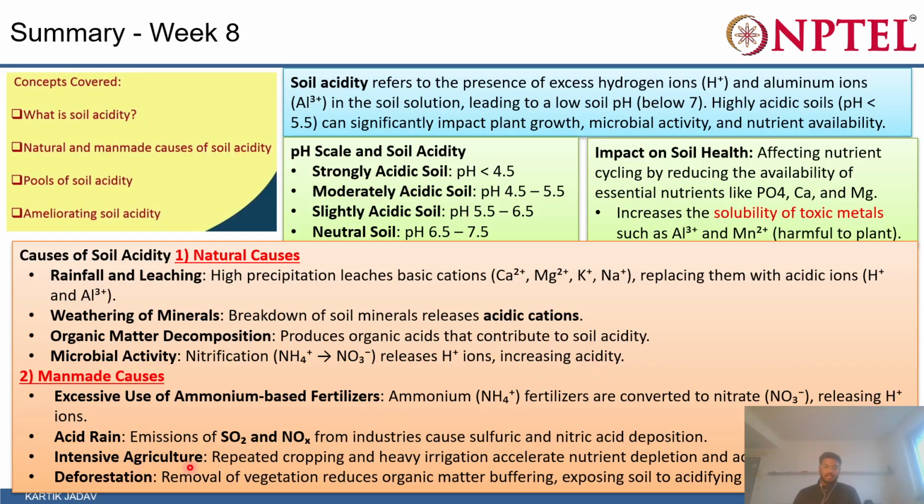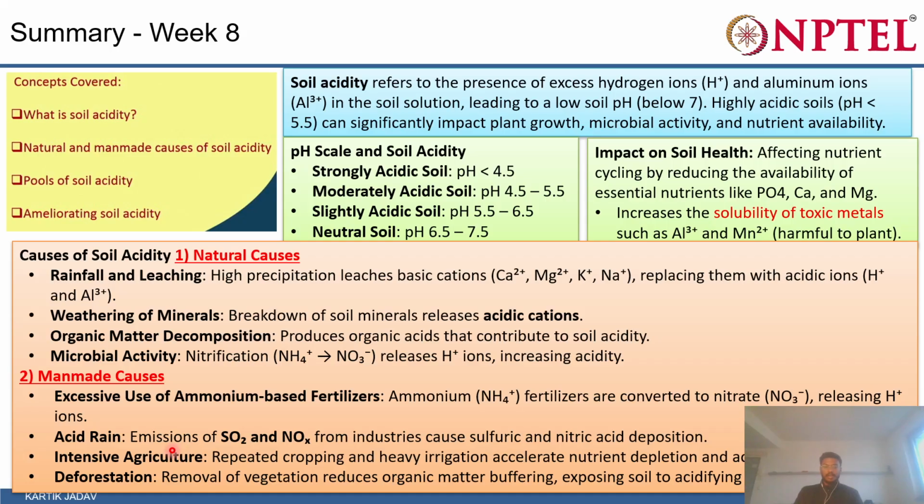Then also there are certain places where we have acidic rain. During initial rain, like the first week of monsoon, or whenever monsoon gets started, at that time we generally find acidic rain due to the presence of sulfur dioxide, NOx kind of gases in the air.